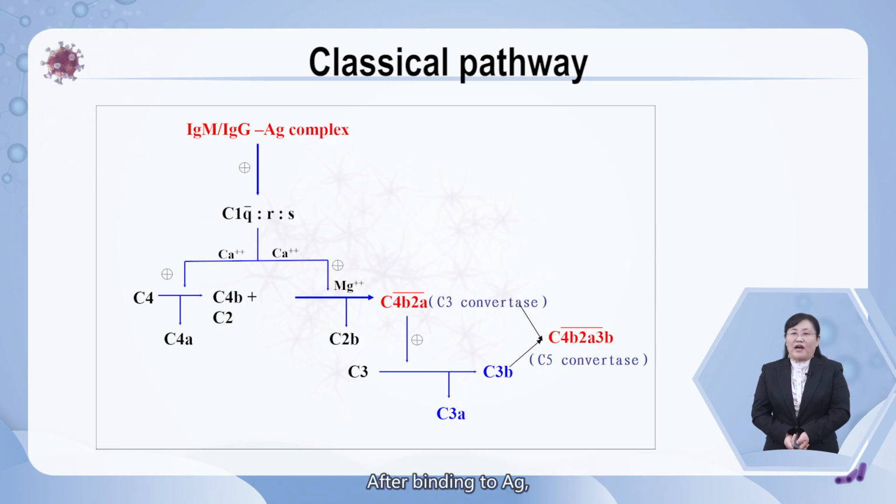After binding to antigen, the configuration of the antibody is changed to expose the complement binding site to activate complement by a cascade reaction. In this pathway, C3 convertase is C4b2a, and C5 convertase is C4b2a3b.